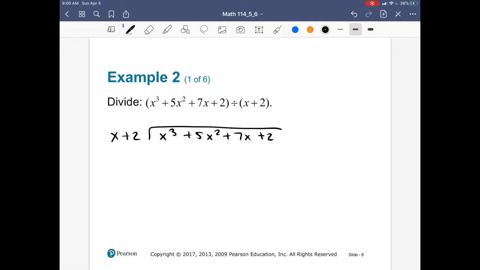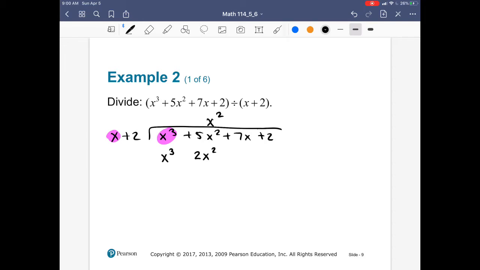So now let's see what we have. We have x. And I have to get this guy to look like this guy. So to do that, I have x. I'm missing 2 x's, so I'm going to put x squared. Now I'm going to divide. X squared times x is x cubed. X squared times 2, that's 2x squared. Now, remember that we're going to be changing the signs.